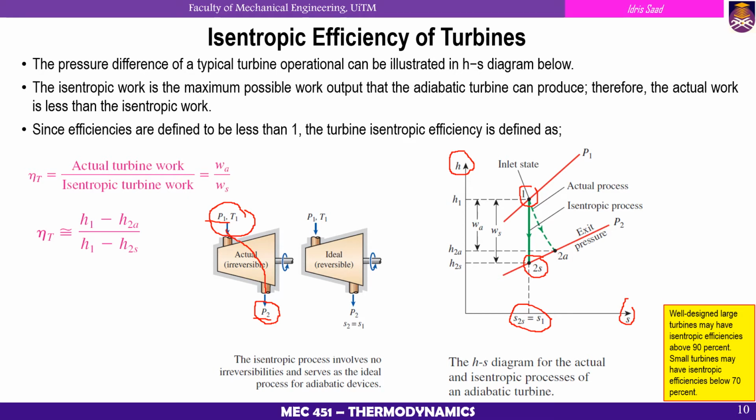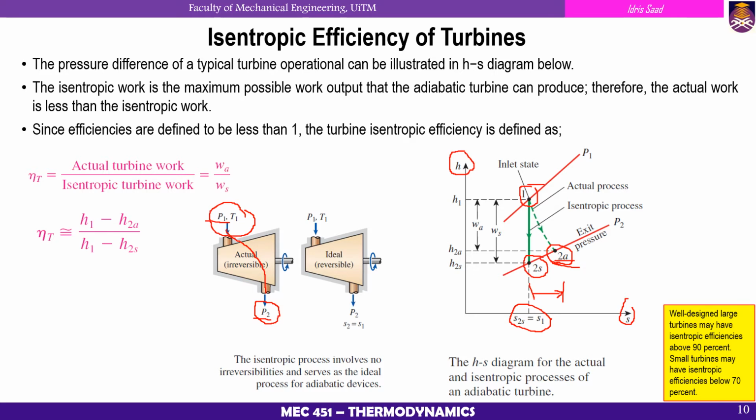However, in the actual condition, the entropy always increases. So the actual state number 2 will fall in this area, and we get S2 here. So now we have a different entropy between state 2A and state 1.